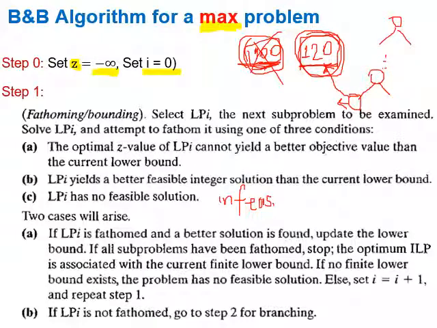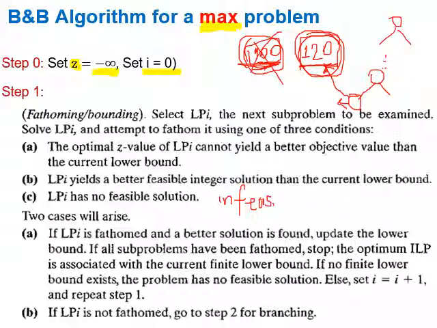In fact, if you remember our video tutorial on relaxation and their uses, these three cases are directly related to that part. Basically, we said that with a relaxation, we can prove optimality, which is this one, in fact.